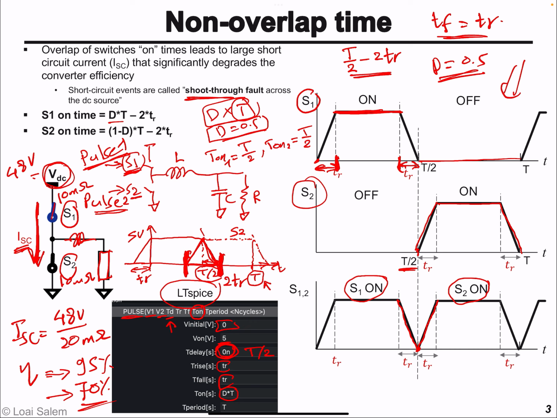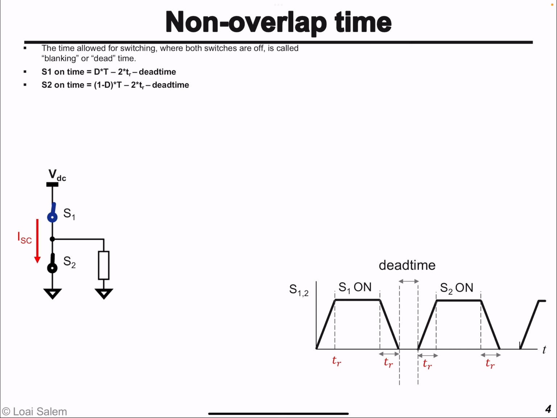What about for other duty cycles? Well, for other duty cycles, the on time T1 for the clock that's driving the first switch will be the duty cycle times the cycle time minus 2 times TR. So instead of T/2, it will be D times T. What about the on time for the second clock that's driving S2?